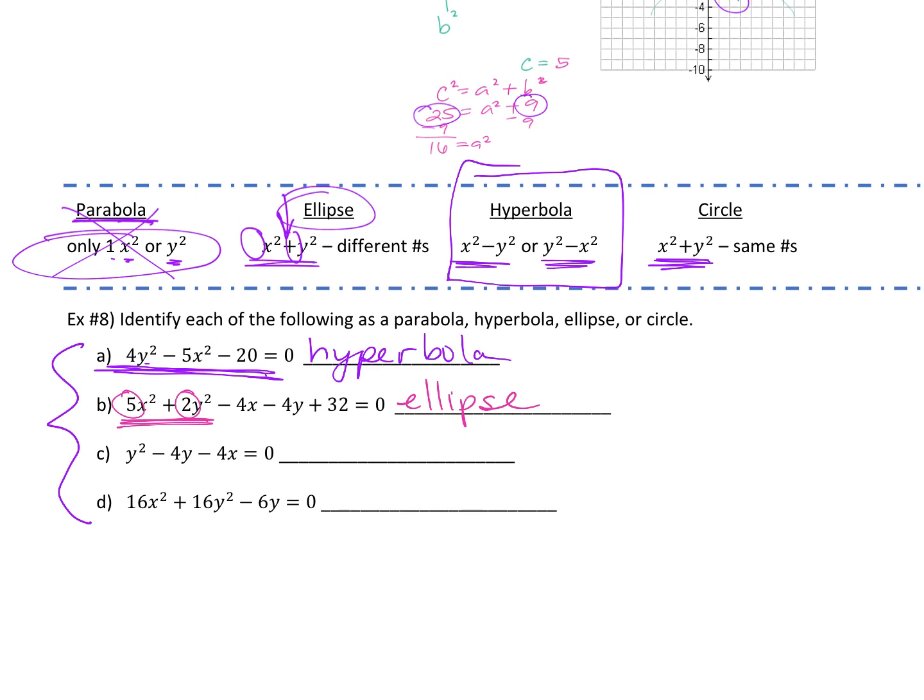That's a parabola. You only have one, the y squared, right? There's no x squared, so this is a parabola. And then letter D, process of elimination. You have both, but your coefficient to both is the same, so that is a circle. Okay.